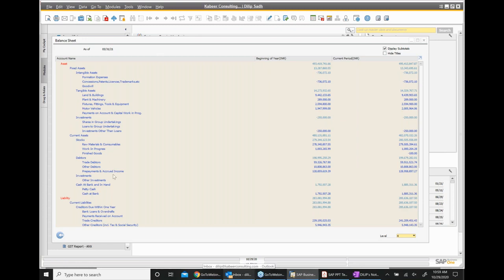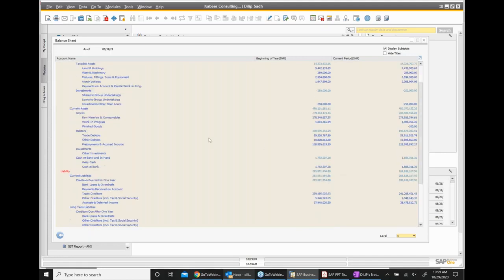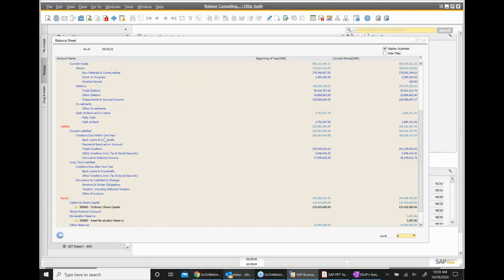In the assets, if you go here, we have current asset in the stock: raw material stock, this much; work in progress, this much; finished goods, this much; trade debtor, this much; other debtor, this much. These are your current liability, which you're supposed to pay within 1 year.